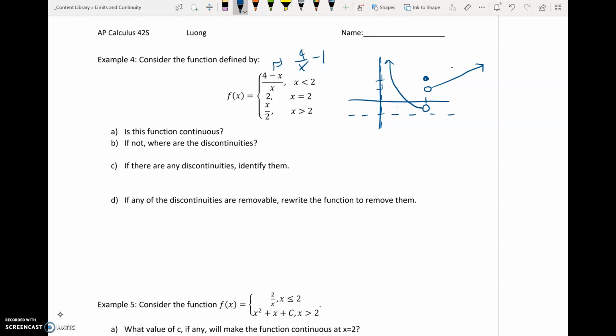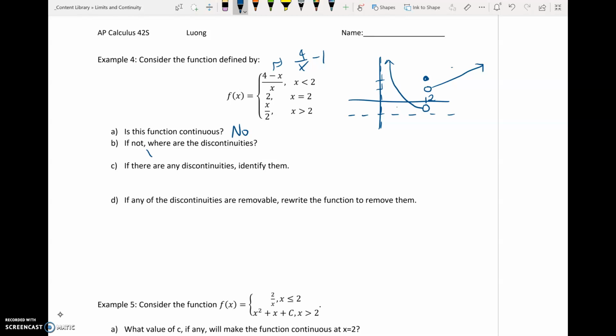Is this function continuous? You're going to say no, because we have a jump discontinuity at x equals 2. If not, where are the discontinuities? Well, we have one here at x equals 0, because that's an infinite discontinuity. And then we have another one here, which is a displaced point and a jump discontinuity.